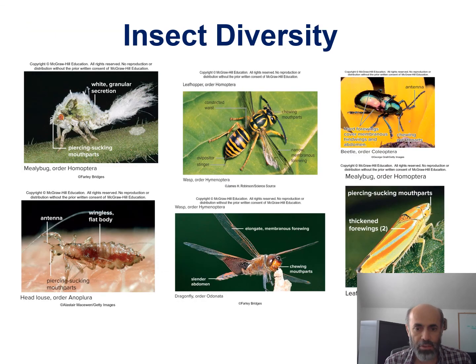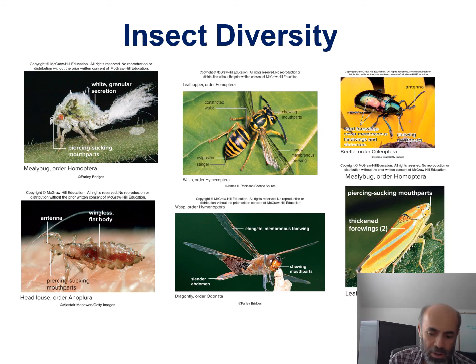There are some diverse insects here. We see mealybugs. Those are pests of plants. They destroy plants, so they are not really liked by the people who do gardening. Right in the middle are Hymenoptera.